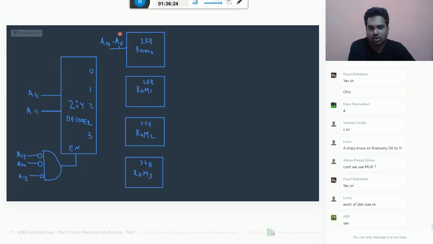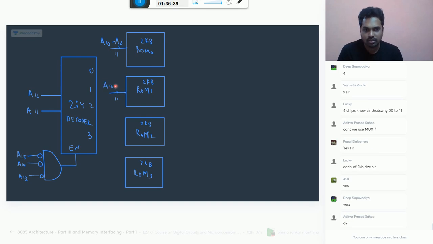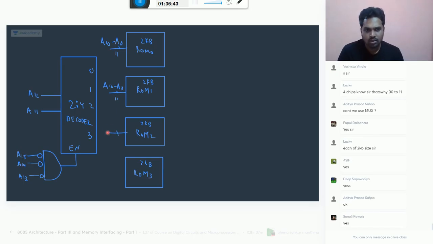Here also it is 11 pins. It is having 11 pins. What is that? Giving the address bus A10 to A0.